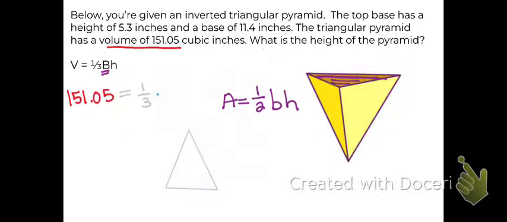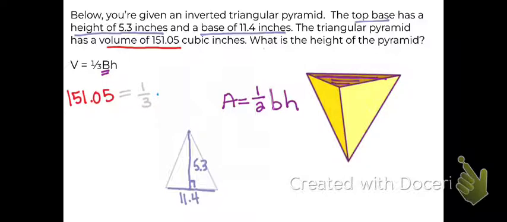So it tells you that this top base triangle has a height of 5.3 inches. So the height of a triangle is the distance from the apex straight down, perpendicular to the middle of this base. So this distance is 5.3, the height. And then the base of this triangle is 11.4.